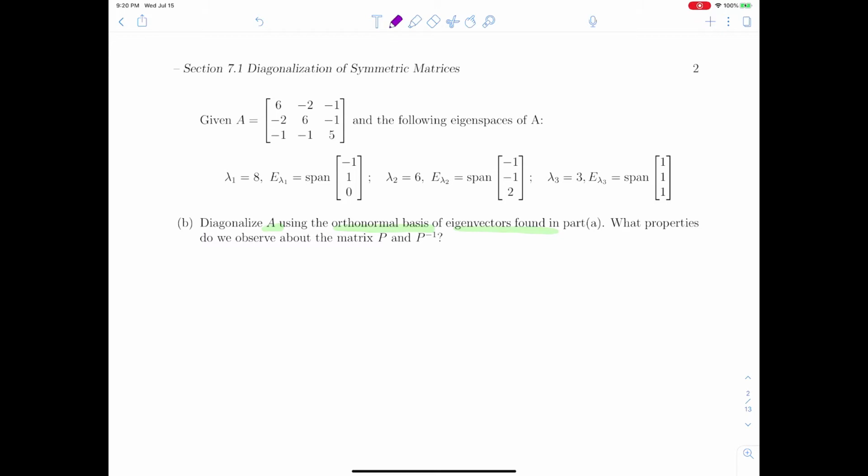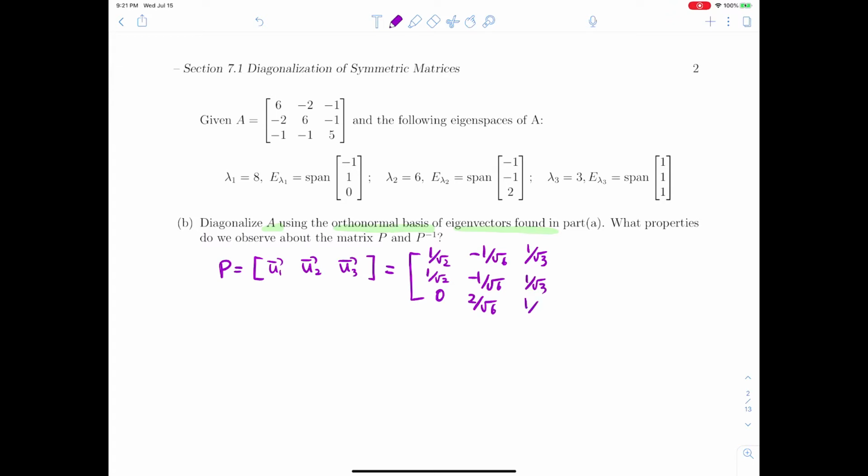P equals [u1 u2 u3], with columns (-1/√2, 1/√2, 0), (-1/√6, -1/√6, 2/√6), and (1/√3, 1/√3, 1/√3). Then D is the diagonal matrix; remember that we have to match each column with its corresponding eigenvalue, so it should be 8, 6, and 3, and the rest are 0.